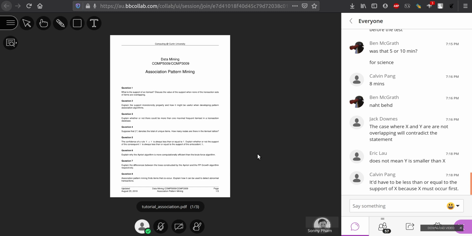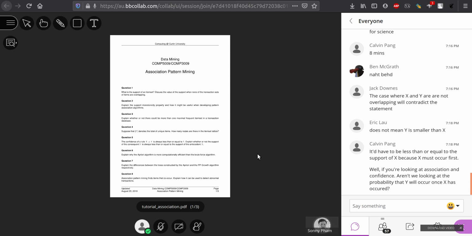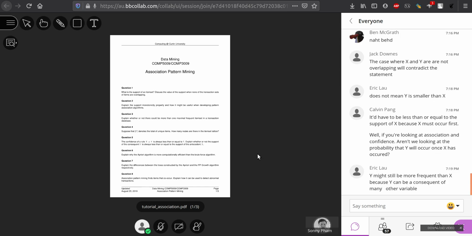Eric said it does not mean y is smaller than x there. Just to correct your understanding, Kevin: when we construct the association rule, we look at the probability that y will also happen given x has occurred. But it doesn't mean that x happened first. First or not first is not a relevant thing to discuss here.